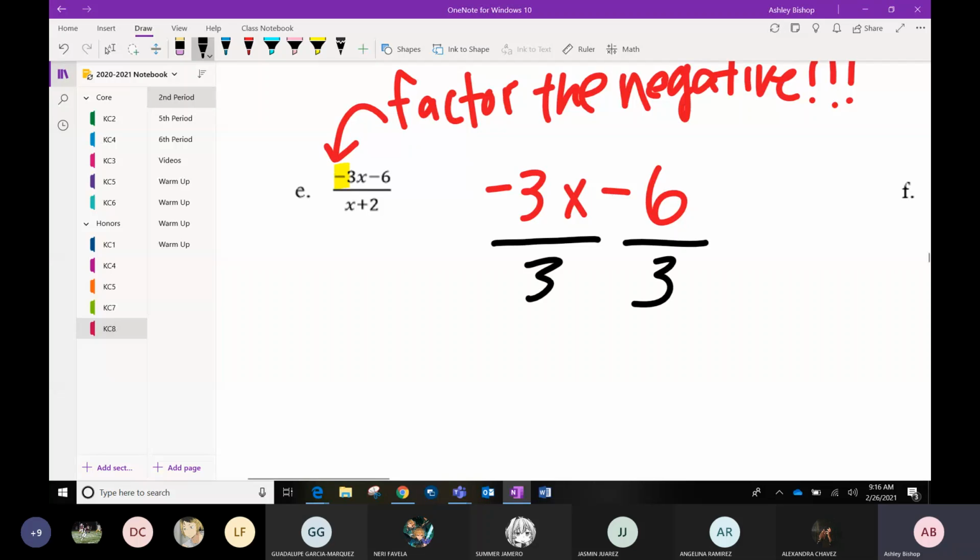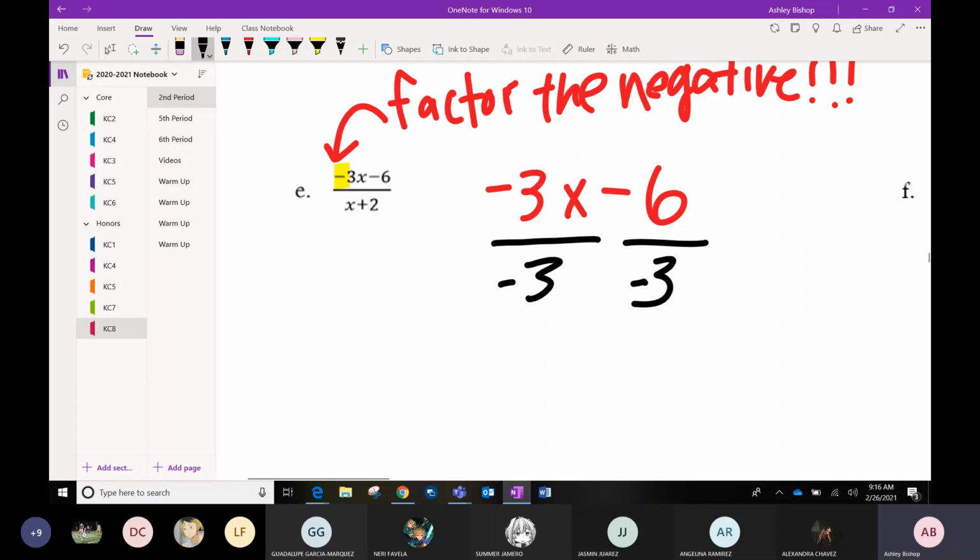I can take out a 3 from the -3x, and I can take out a 3 from the 6. And since this is a -3 and I want to factor the negative, I'm going to take a -3 from both things. You always want to take care of the negative. So you're going to look for the greatest common factor and take the negative form of that number.